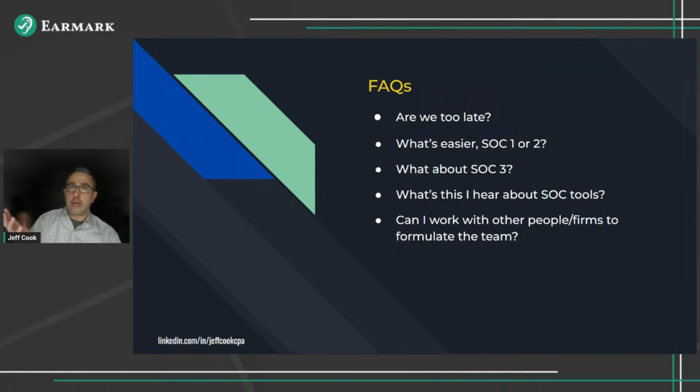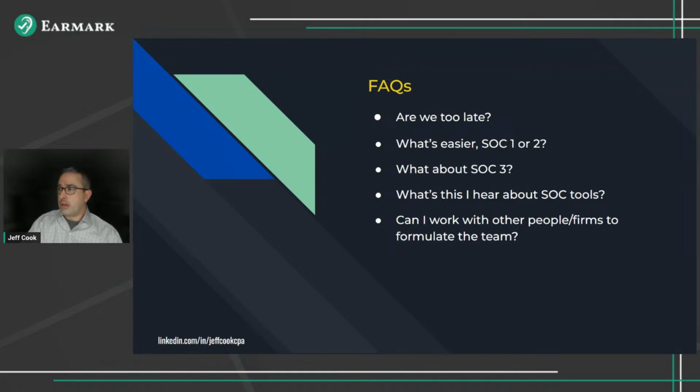And I'll say, okay, that really doesn't save you much cost, if anything at all, because we still have to do everything. Oh, but it's a smaller report. Yeah, but the back end of what's involved is still pretty heavy, right? Maybe you save some time in the review process because you don't have a Section 4 of testing to review, but ultimately you still have to do all that work in SOC 3.